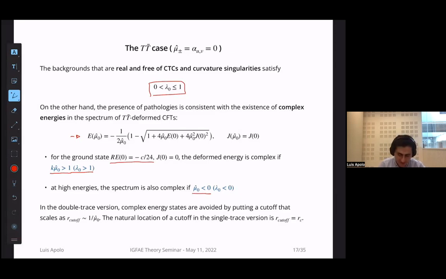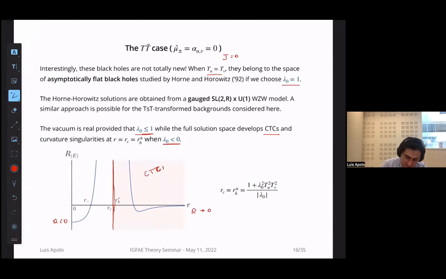Now, in the double trace version of holography, these complex energy states that appear when you take mu to be less than 0 are avoided by putting a cutoff that scales in the following way. In the single trace version, no one has tried to find a cutoff version of holography yet, but the natural location of this cutoff would be the location of the CTCs and singularities, the red line here.